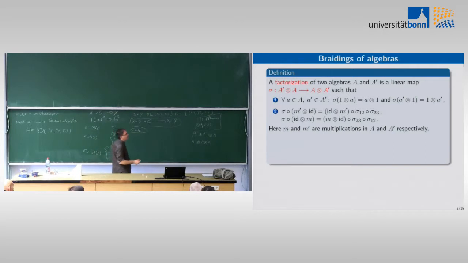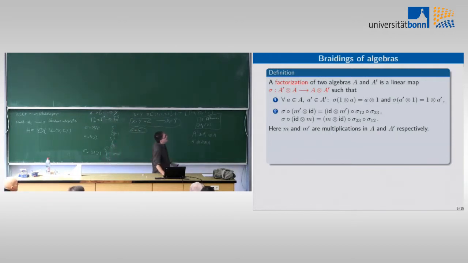When I have sigma 1,2, I flip just the first two legs and I don't touch the third one. Similarly for sigma 2,3 and sigma 1,2. This is just an abbreviation in order to skip writing identities. Of course, m and m prime just mean the appropriate multiplication maps in A and A prime respectively.